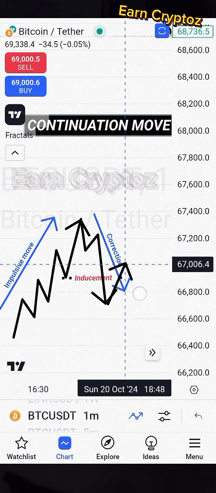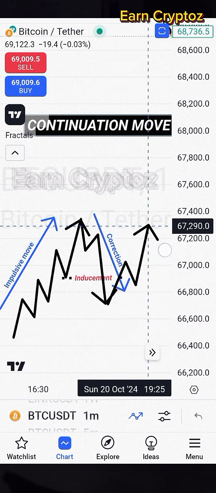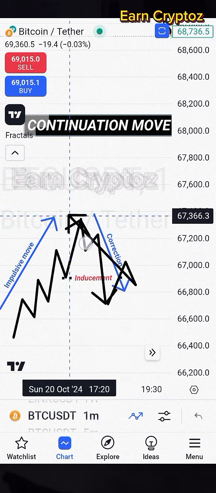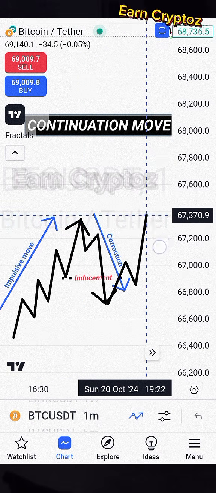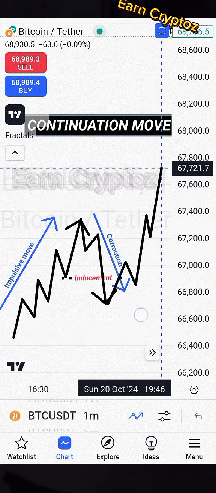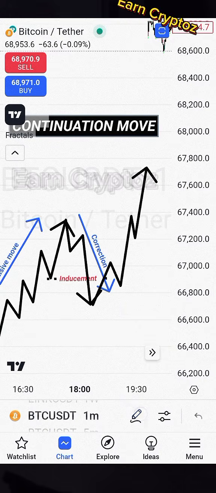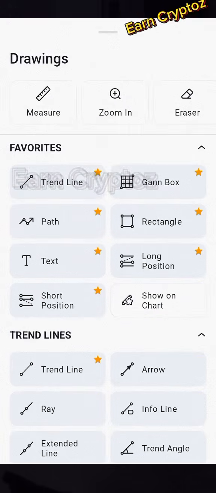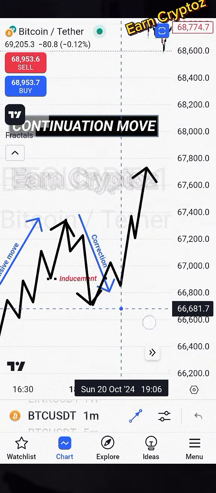The continuation move is that move that starts from the end of the correction and breaks above the first impulsive move. If it doesn't break above it, it is not a continuation move. It has to break above the first impulsive move for it to be called a continuation move.